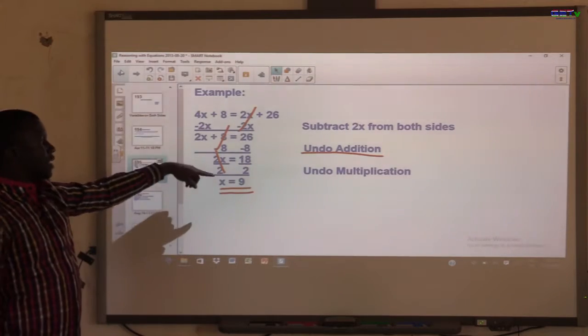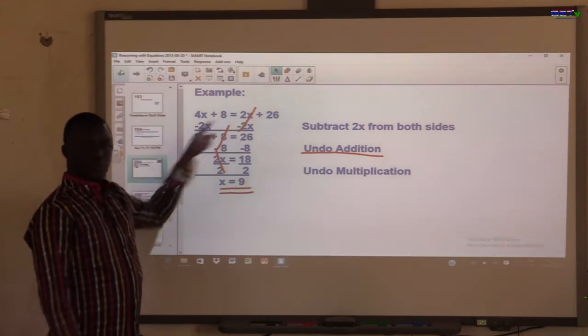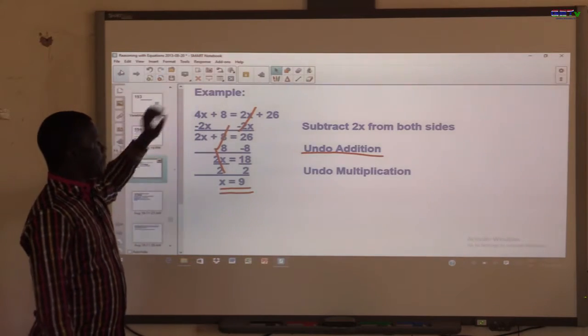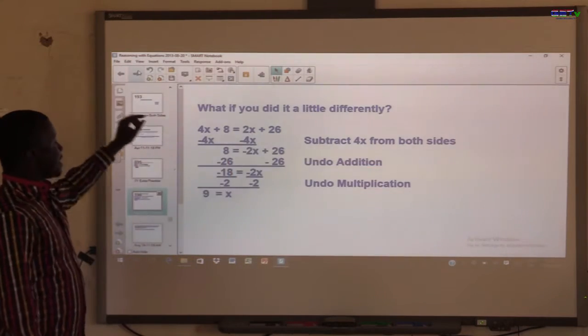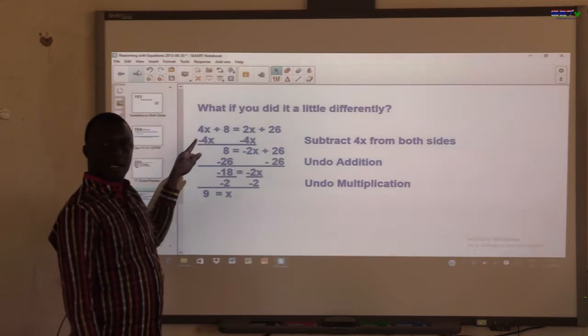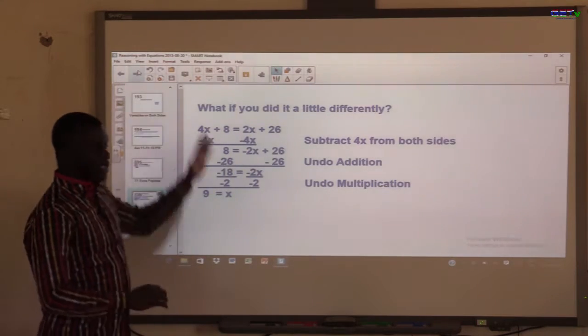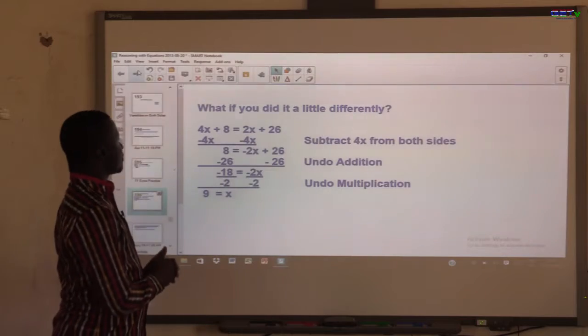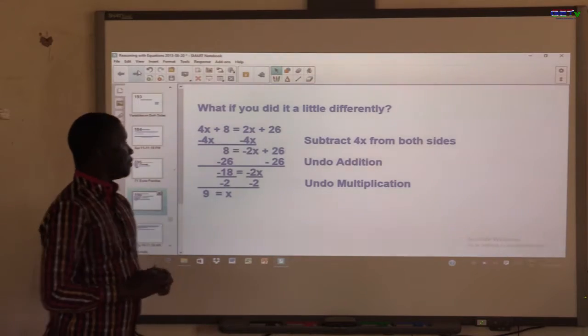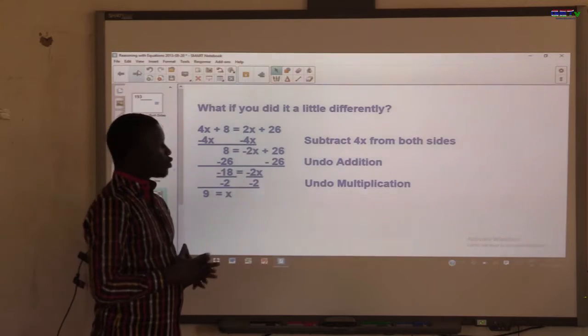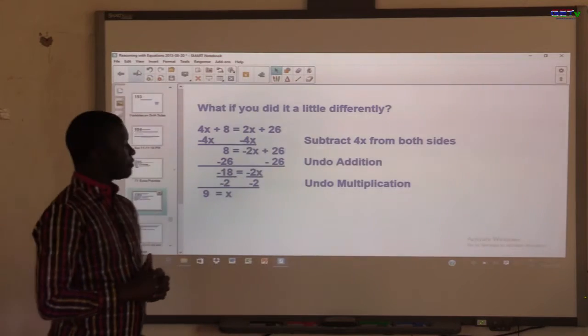In the previous one, we first undid the 2x, which is a smaller term compared to 4x. This time around, we are first undoing the bigger term, that is 4x. So let us do this, and then we spot the difference. We still have the same question: 4x plus 8 equals 2x plus 26.